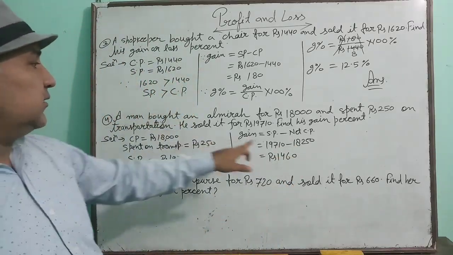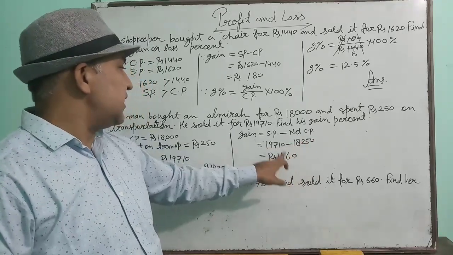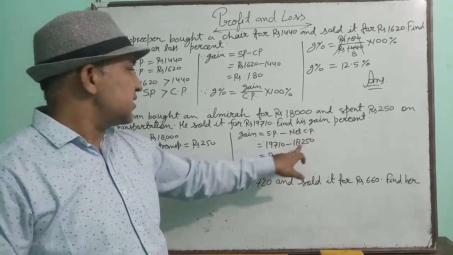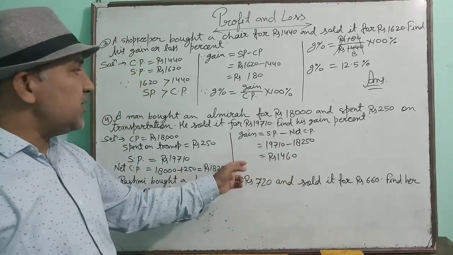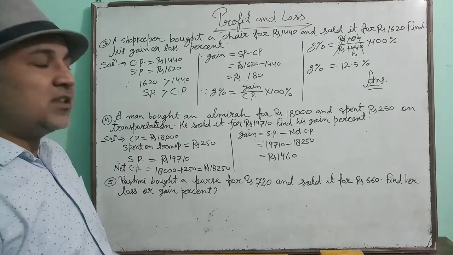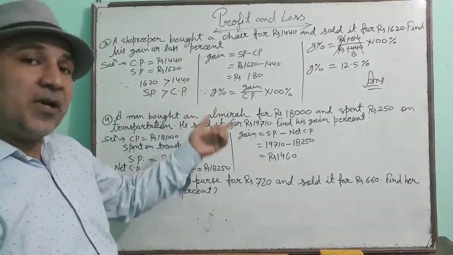Is this correct? 0 minus 0 is 0, 11 minus 5 is 6, 6 minus 2 is 4, 19 minus 18 is 1. That means gain is rupees 1,460.